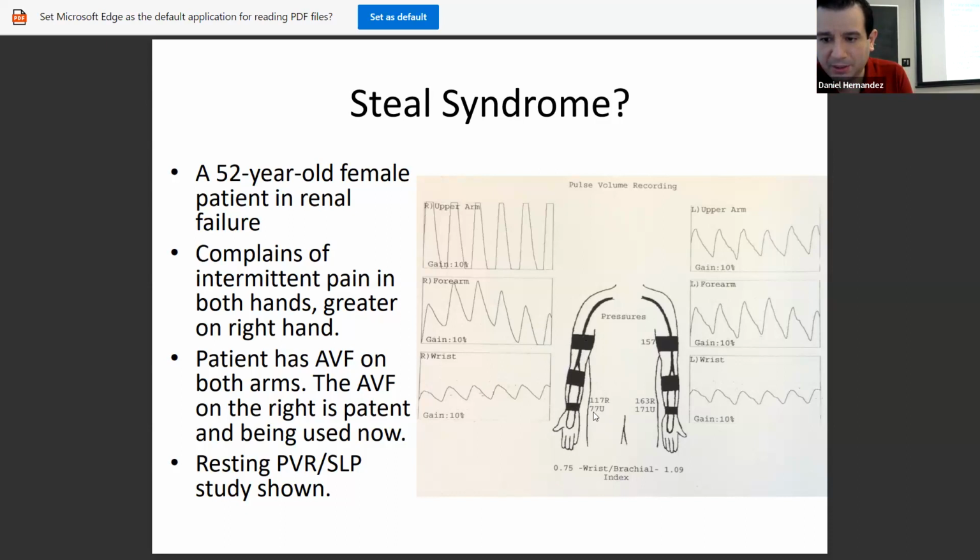When they obtained their pressures, they got lower pressures on the right side compared to the left. The waveforms look a little bit different. We don't see presence of that dicrotic notch.